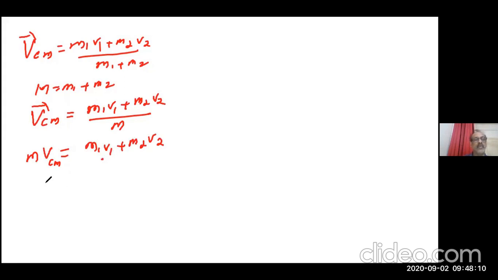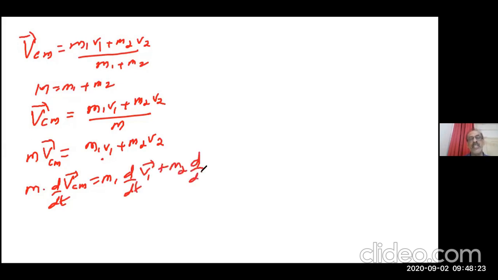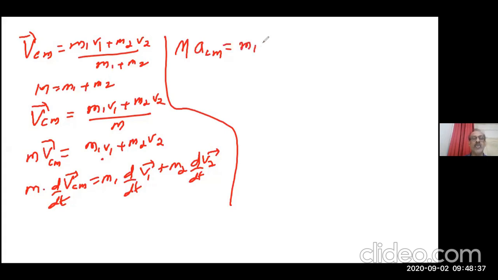Now m into d by dt of VCM is equal to m1 into d by dt of v1 plus m2 into d by dt of v2. Then m into acceleration of center of mass is equal to m1 into a1 plus m2 into a2.